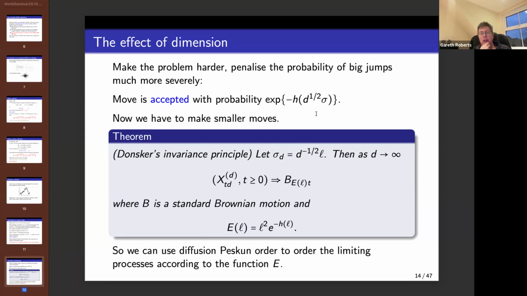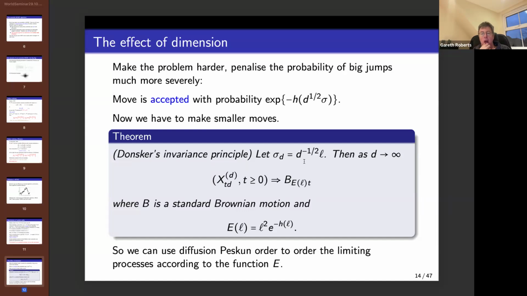And how are we going to actually solve the problem of optimizing in sigma? Well, I can just use Donsker's invariance principle, which basically says, okay, d is large, I'll speed up time by a factor of d, and I'll make my step size proportional to d to the minus a half.